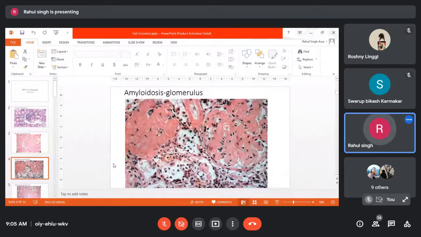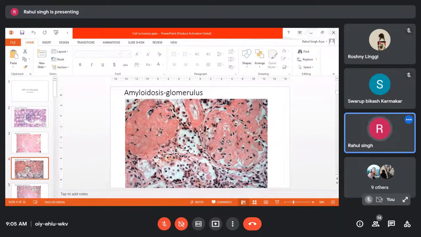This is a more clear picture where this glomerulus is completely obliterated by the amyloid deposits, and very few cell nuclei are seen here. And in this one, the glomerulus is showing the earlier stage of amyloid deposits.